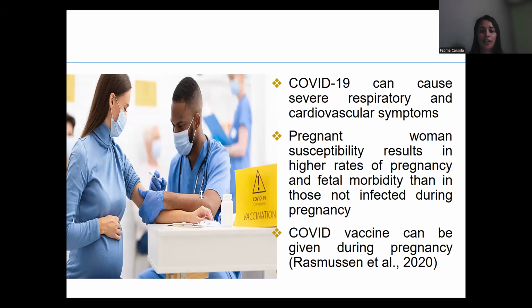That is why, since there is a possibility of transmission, there are some protocols in the hospital that were implemented during the COVID-19 pandemic. Again, what we want to know about this discussion is that the COVID vaccine could be safely given during pregnancy, and that is written by Rasmussen et al. in 2020.